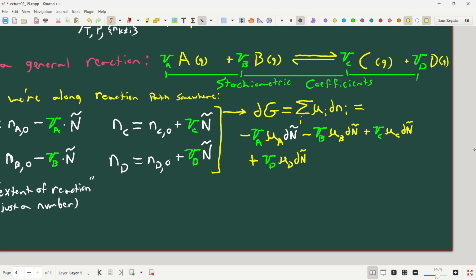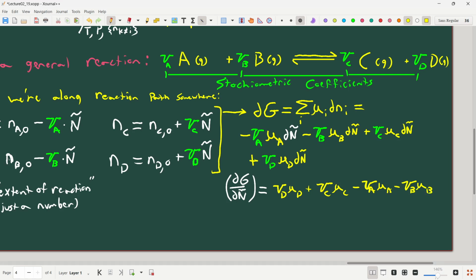Okay, so what I can do is divide the whole thing by dN. So I now have that dG/dN click, this is how the Gibbs energy of the system changes every click, is going to be equal to, I'll just write it quickly, nu_D mu_D plus nu_C mu_C minus nu_A mu_A minus nu_B mu_B.